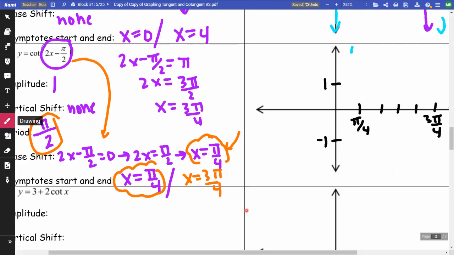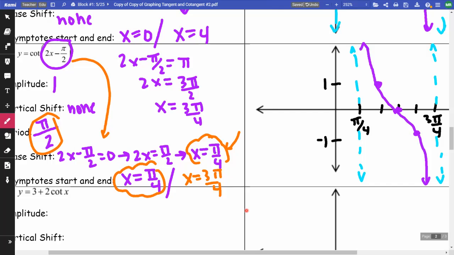And I'm going to have an asymptote here at x equals pi fourths and here at 3 pi fourths. And since I'm not having any shift at all in terms of a vertical shift, this is my 0. There's no sign in front that's changing this. So I'm going to start at 1, then 0, then -1. And there is your cotangent.